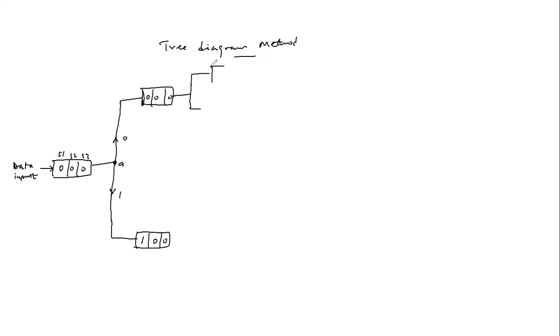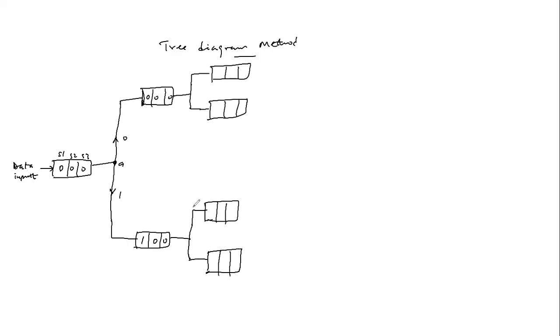Now come to this point. Here we have another set of shift registers here, another shift registers here. Then here we have another set of shift registers here, another set of shift registers here.